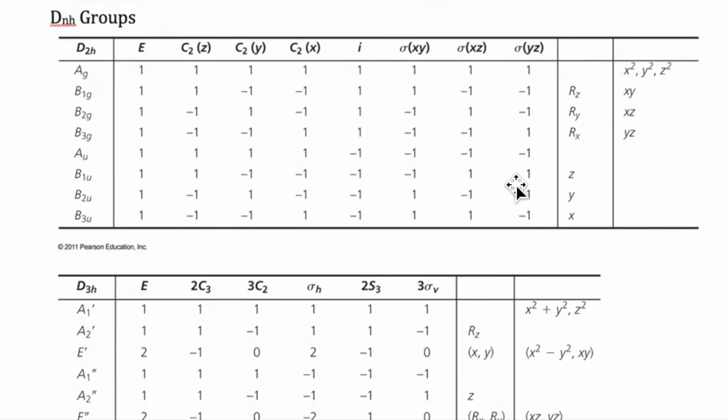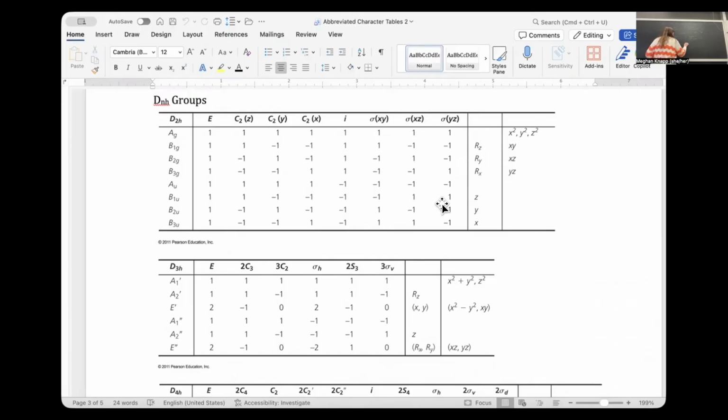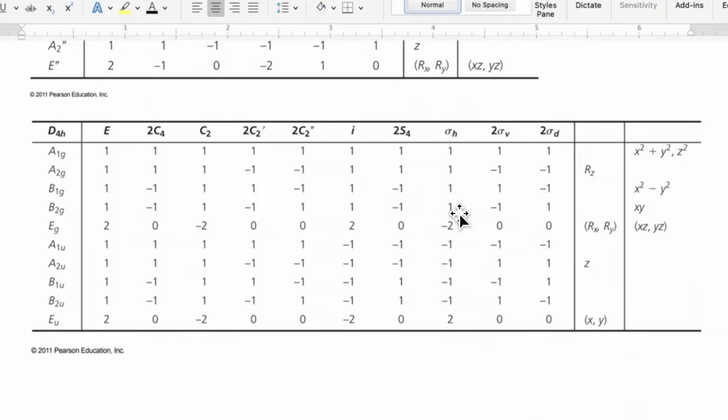So G versus U. If there is an inversion center, and again, if you look at D4H, that has an inversion center, the inversion center is I, so we're going to find I on the top row and look down that column. All right, so on that top row, we look for I.